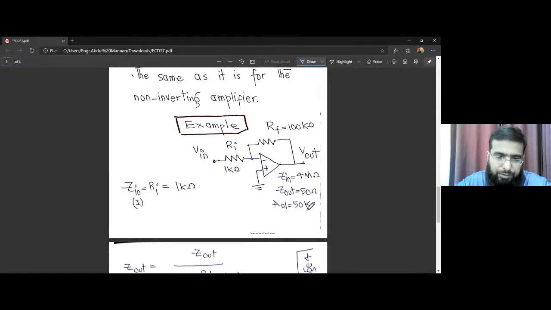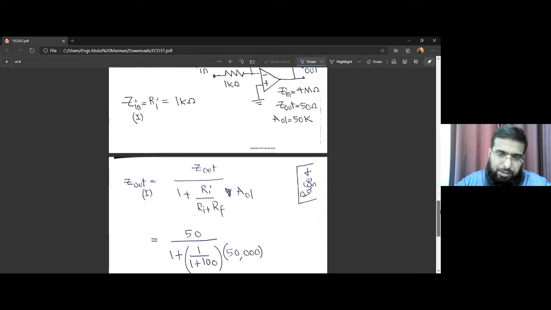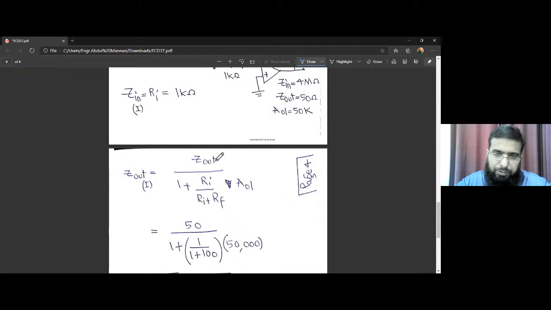So what is Z-in? You know that Z-in is approximately equal to Ri. The input resistance is 1 kilo ohm. This is simple. The next thing is Z-out. To compute Z-out, we have to use the same expression that we used for the non-inverting amplifier. Putting in these values, Z-out is 50, the open loop impedance of the op amp, over 1 plus Ri is 1, Rf is 100, times 50k, the open loop gain.